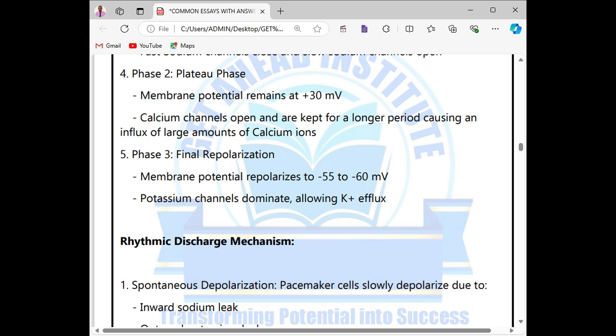So when potassium is leaving the cell, those negative ions will remain unoccupied, and the cell will become more negative, because the ions dominating there are the negative ions. Are we good?